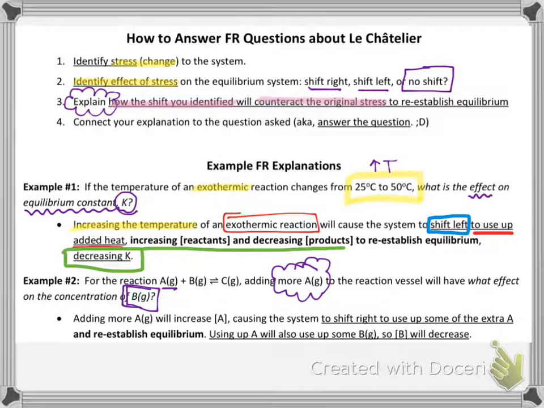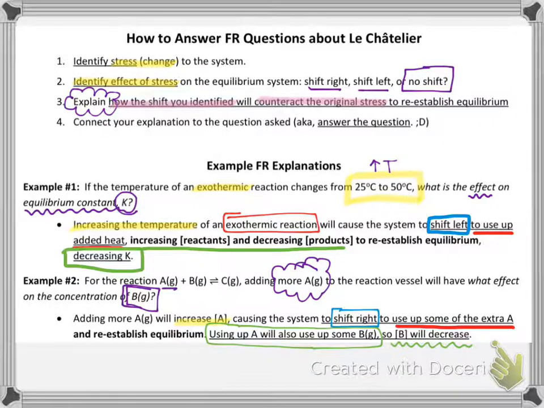First, we identify what happened, and then we figure out what way that's going to make it shift. Well, if you add more A(g), it turns out that is totally going to increase the concentration of A, so the system will have to shift right to use up some of that A. But now we have to answer the question. Well, if you're using up A, you're shifting and making more C, B gets used up too, which means the concentration of B will decrease.